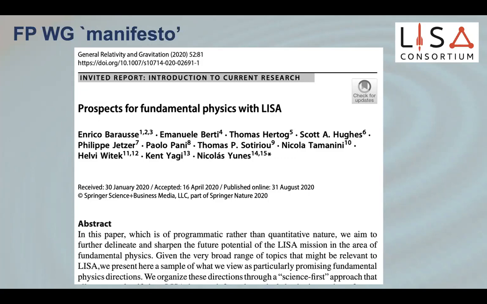So this was not so much at the time we were worried about feasibility or measurability or observability. We were really interested in how can we really connect cutting edge fundamental physics to LISA.